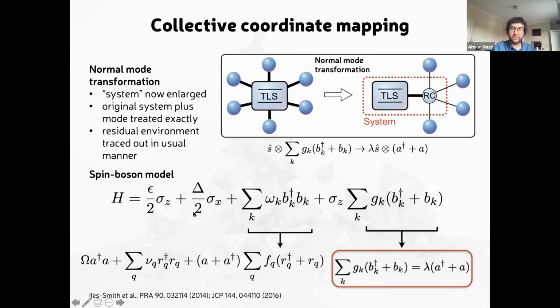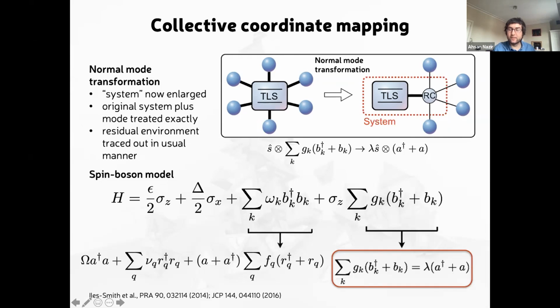So we've got a system Hamiltonian that gives us some bias along Z and then some tunneling element along X, a bath of harmonic oscillators, and then a coupling between the two-level system and the position essentially of the harmonic oscillator bath. As I've said previously, this term is mapped to our collective coordinate.